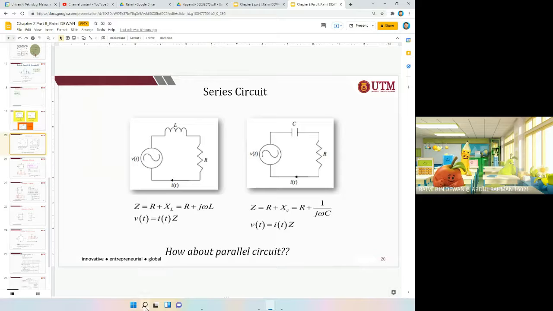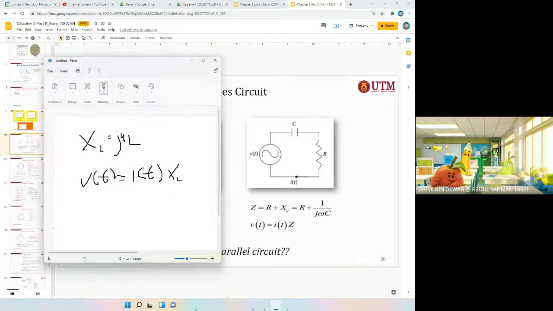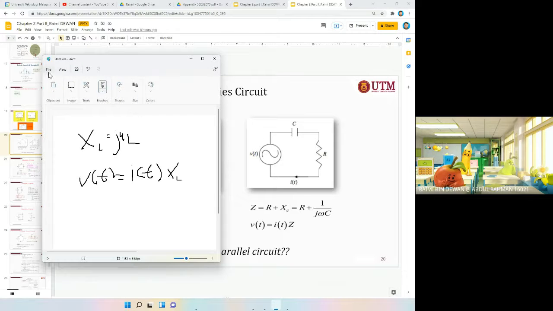For the parallel circuits, I think you guys should know this rule before, from circuit theory, the parallel circuits.